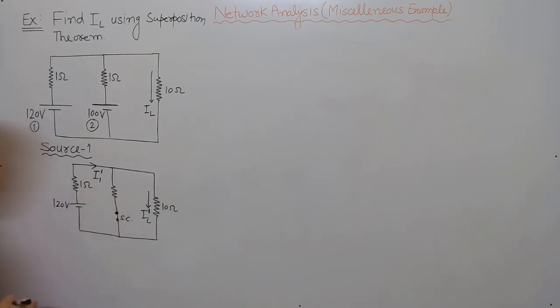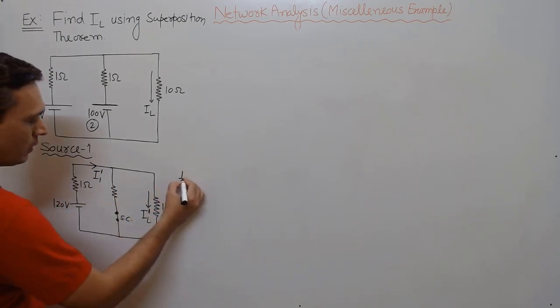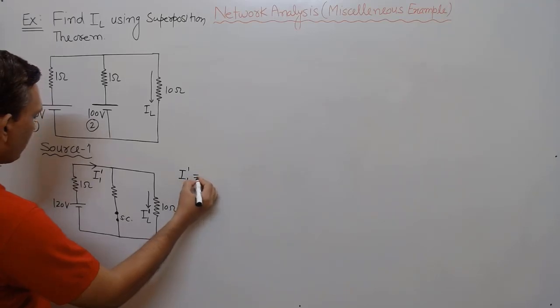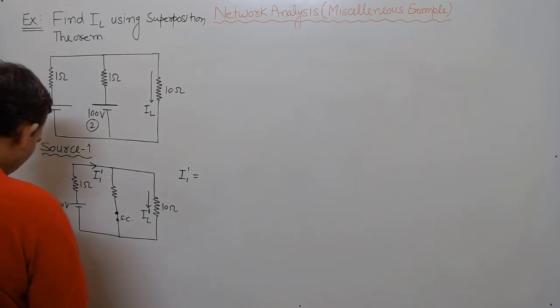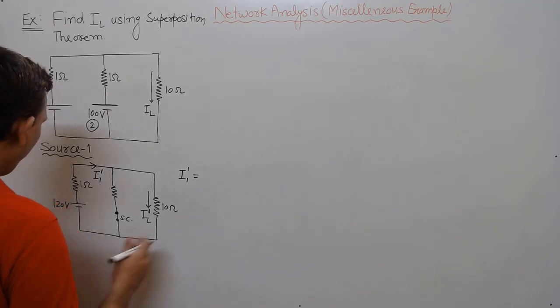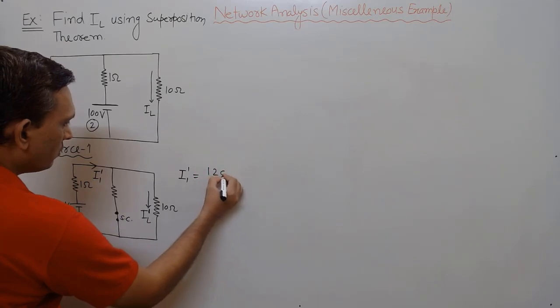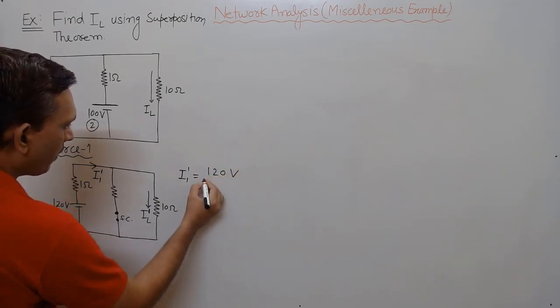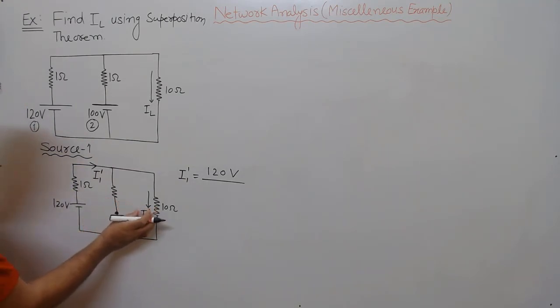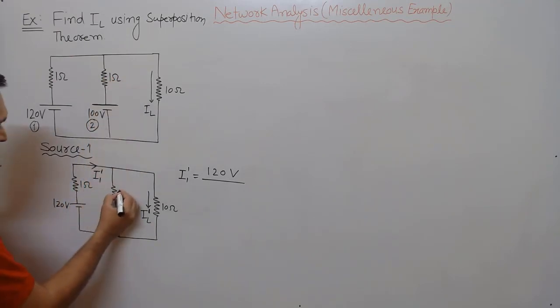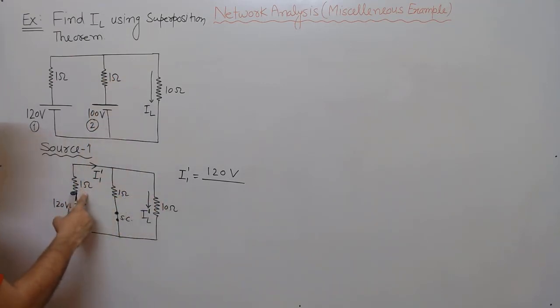So let us first see what will be I1 dash. We can easily calculate I1 dash, and this value will be 120 volt divided by the equivalent resistance. The parallel combination of 1 and 10 is in series with 1 ohm.